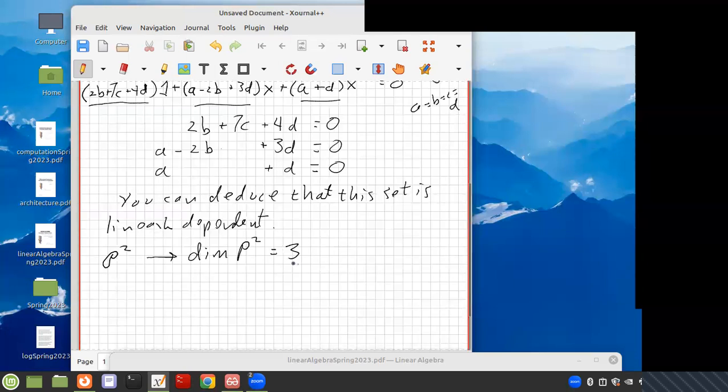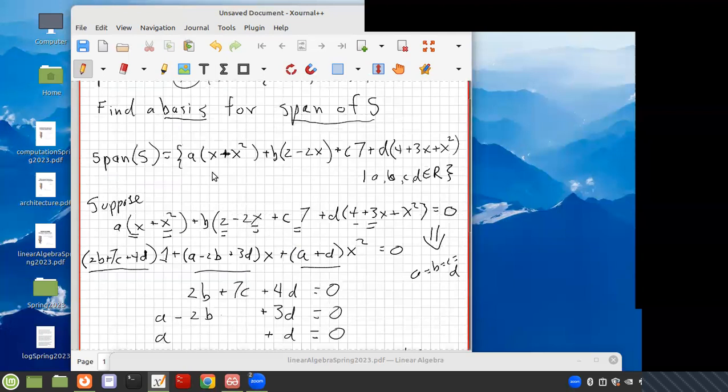So the dimension is defined to be the number of vectors in a basis. That means the number of vectors in any basis is 3.